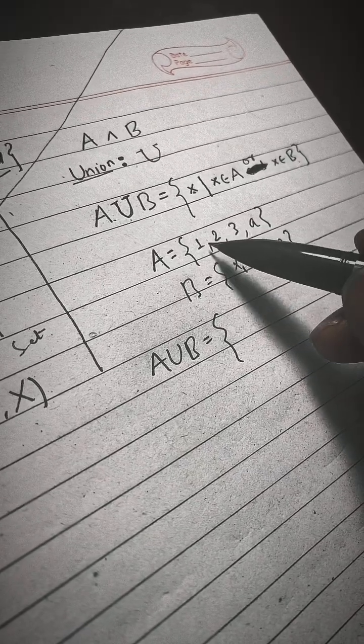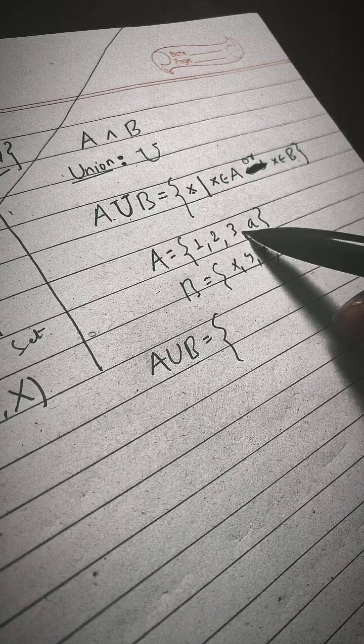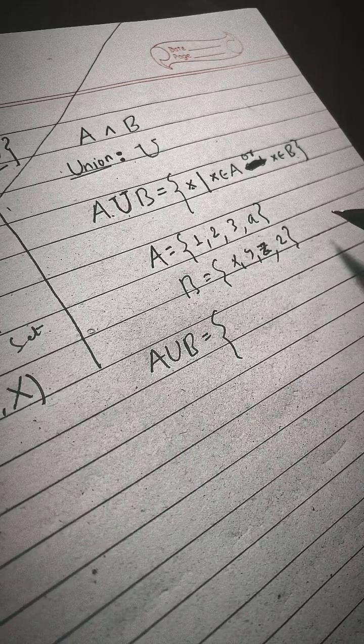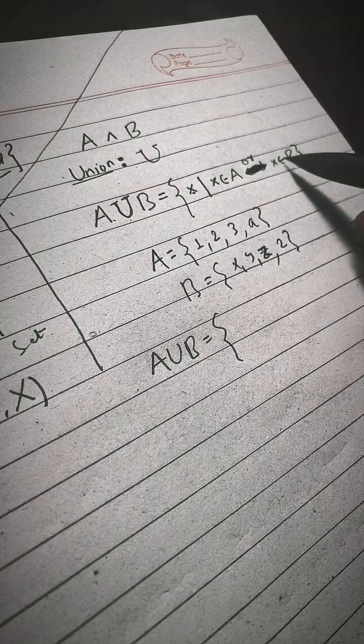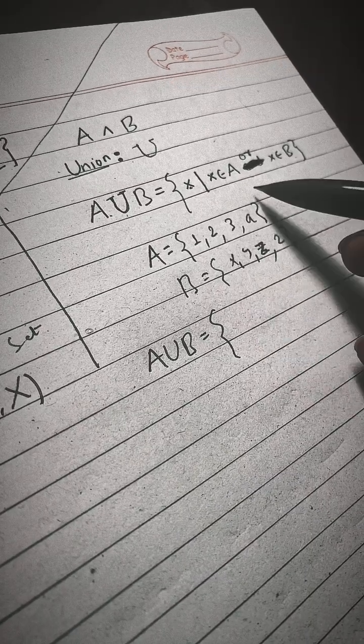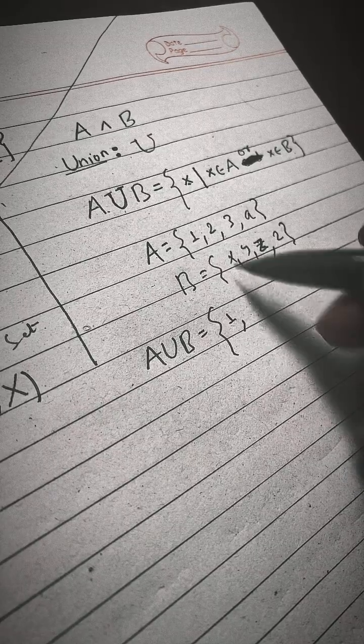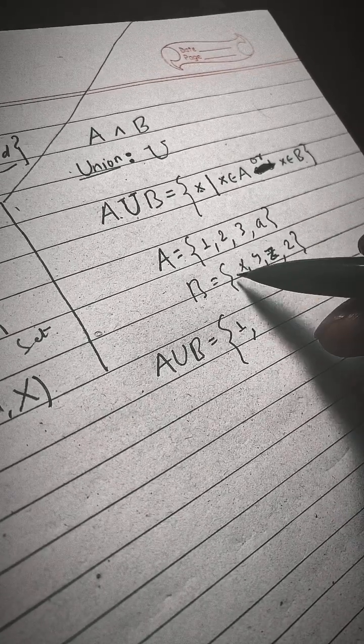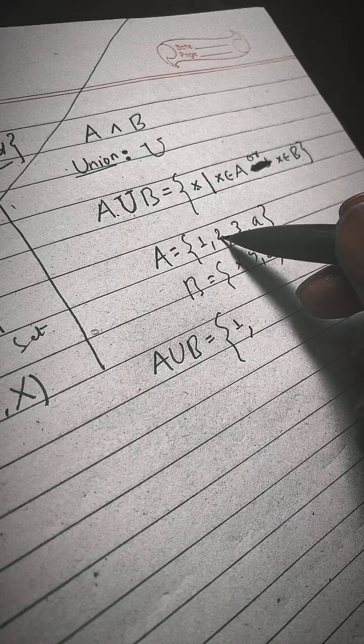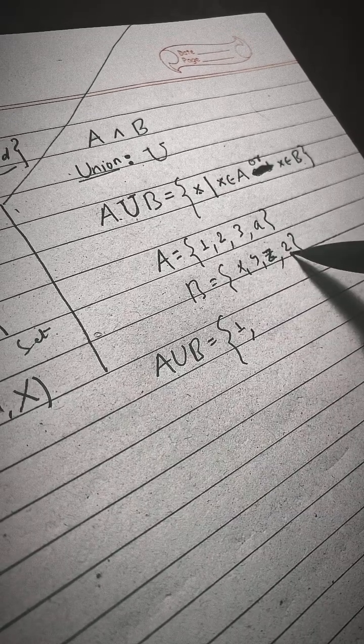So 1 belongs to this, it does not belong to this. That's fine, because it says it either belongs to this or belongs to that, and we are going to put it in our set. So are we going to put 1 here? Yes, of course we can, because it belongs to A. It doesn't matter whether it belongs to B or not. What about 2? Well, 2 belongs to this, and 2 belongs to this. It does not matter.